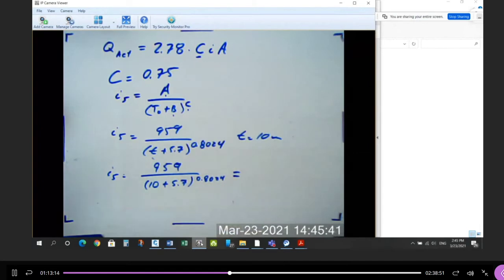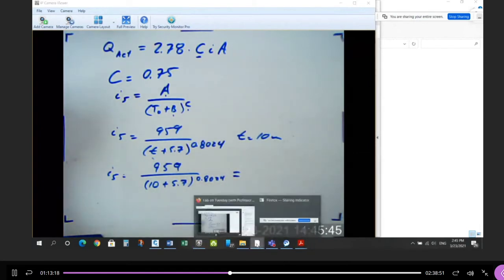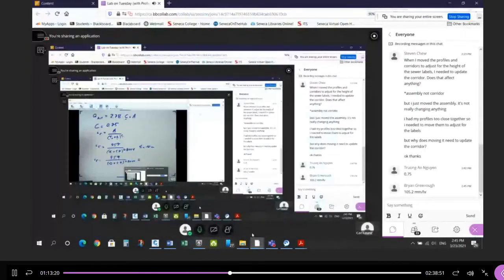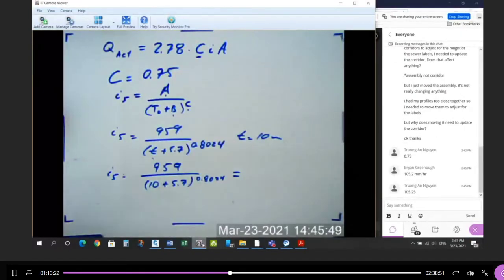What does this equal? And what are the units? Yeah, good. Brian, you got it. Trong, the units are important too. So this is 105.25 millimeters per hour. So now we know the intensity, right?